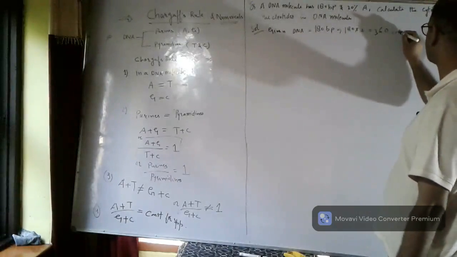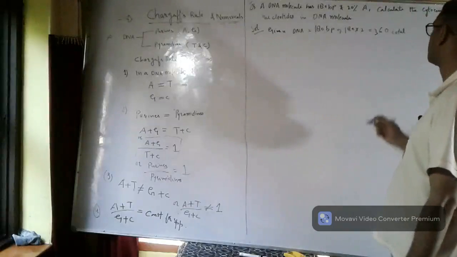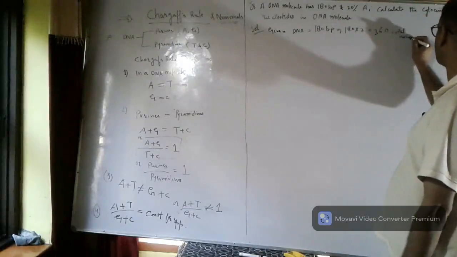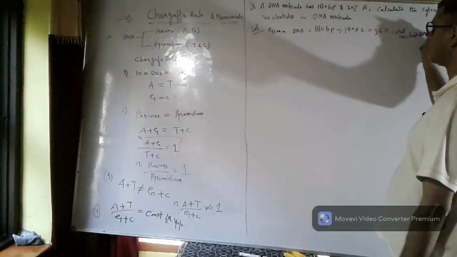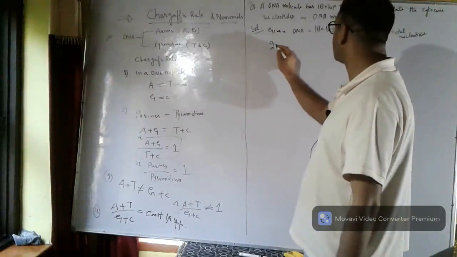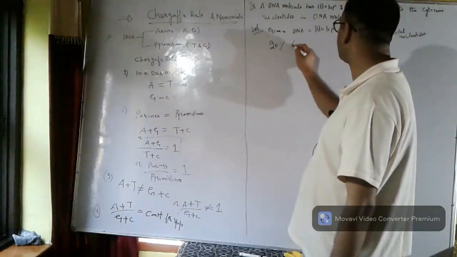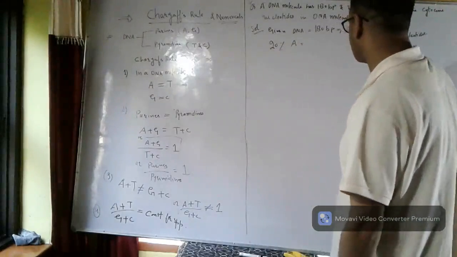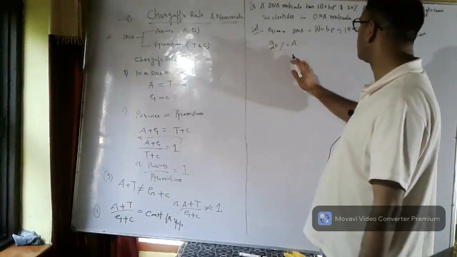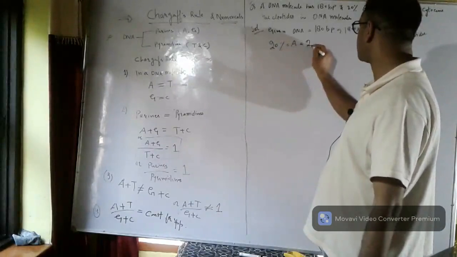Total 360 nucleotides are present in this DNA molecule. Then we have another given: 20% adenine is given.